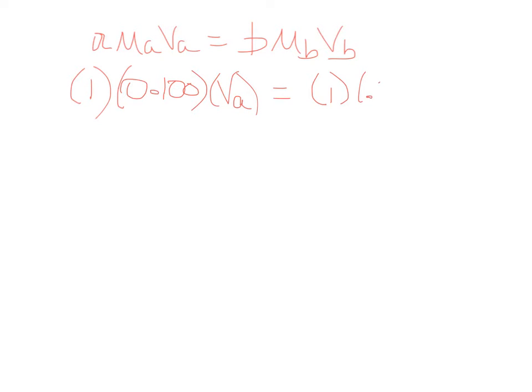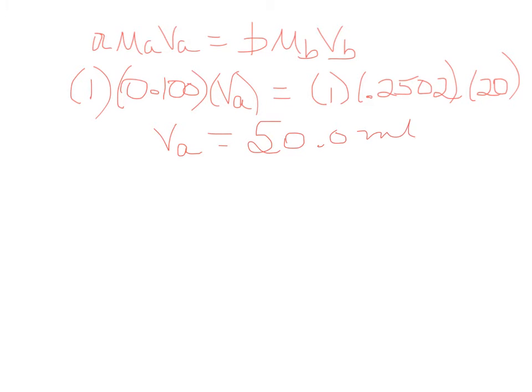Molarity of the base is 0.2502. I hope I'm remembering that correctly. And the volume of base used was 20 milliliters. So rearranging and solving for the volume of acid needed, the volume of acid used is 50 milliliters. So now that's to reach the equivalence point.